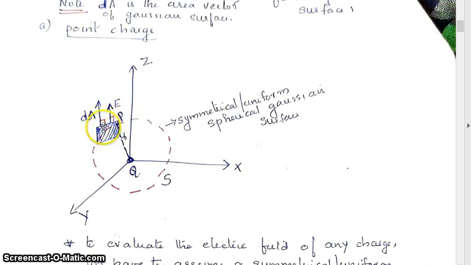Not only in this small area, throughout this outer surface the charge will be uniform. Now we are making analysis with respect to this small area. That's why I told that in this area the charge will be uniform, and hence the flux density and electric field will be a constant.